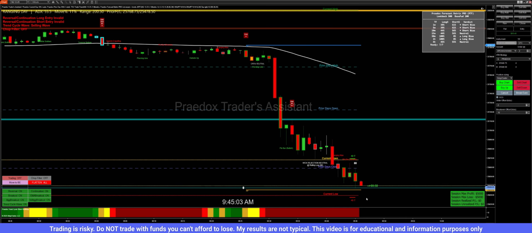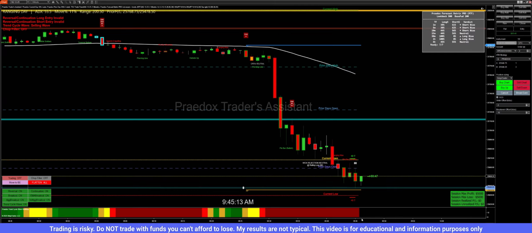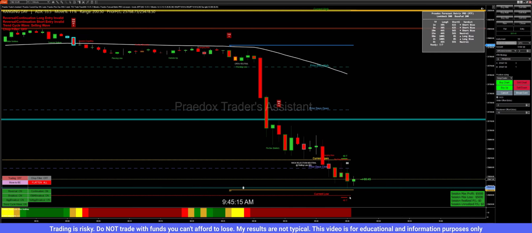Okay, we did hit that pivot point, almost to the tick. So again, I'd like to see some bullish price action to see if we can get a bounce off of the pivot point.